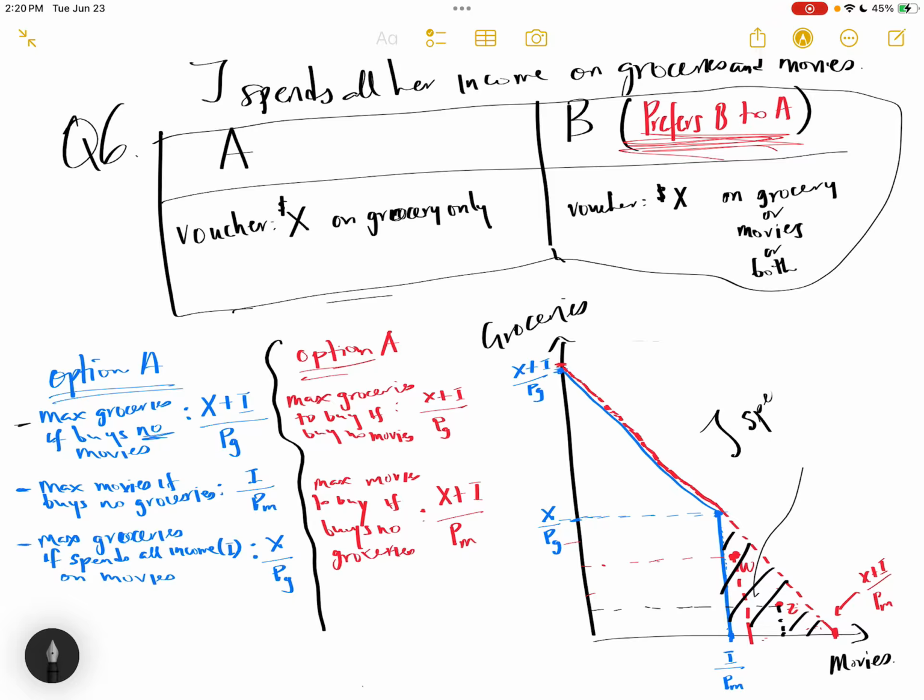Consumer J spends less than the voucher, and the voucher is X dollars, less than X dollars on groceries, and that extra is spent on movies. So this is why she prefers B to A, or this explanation matches her preference of B to A.